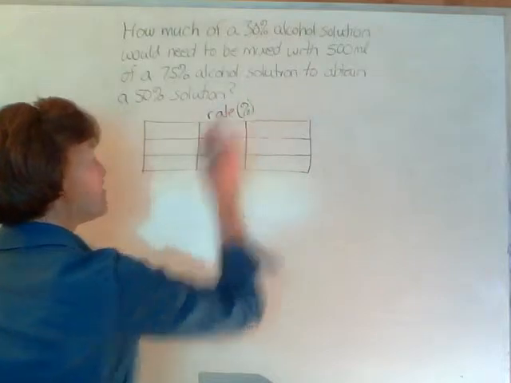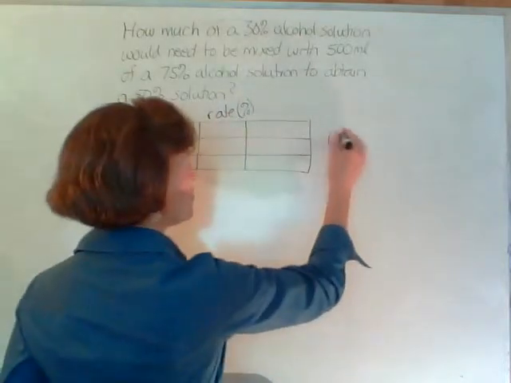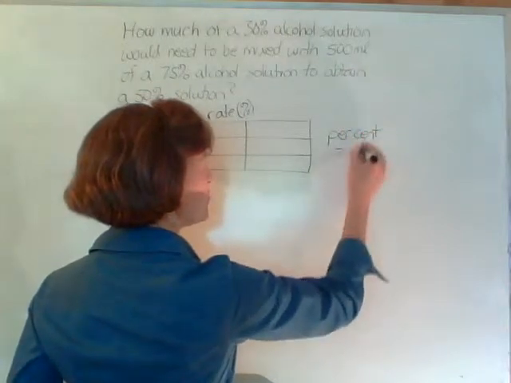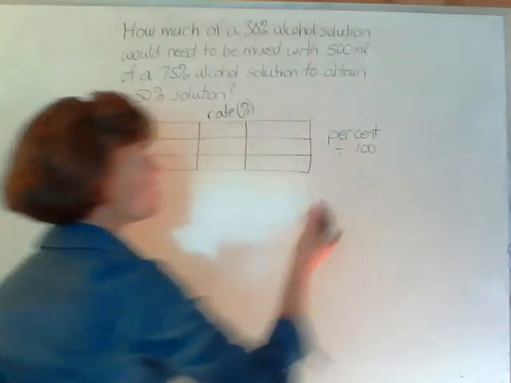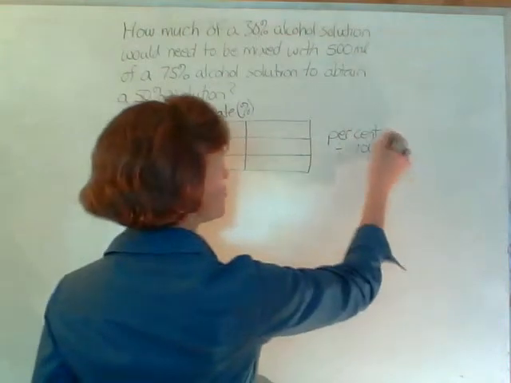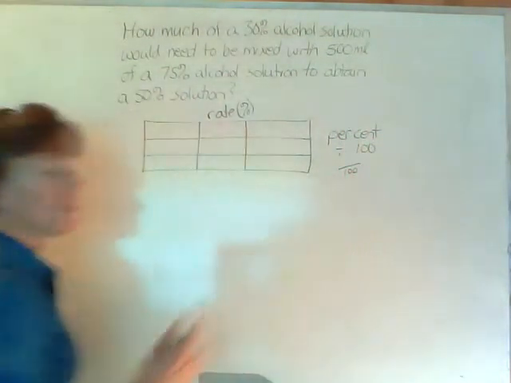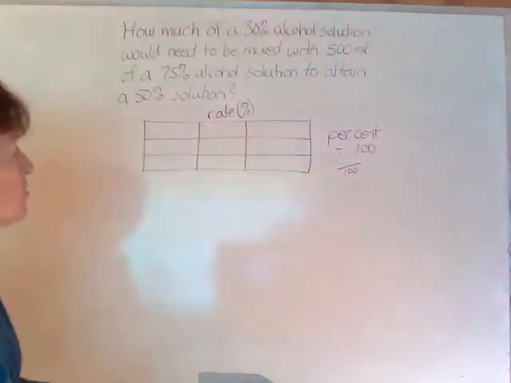Remember that a percent is a rate. Per means divide, cent refers to the number 100, and so percent means to divide by 100. So it's a number divided by 100. It's a ratio set of units. All right, so my rates are percents.